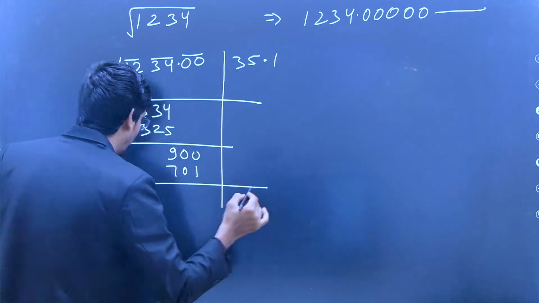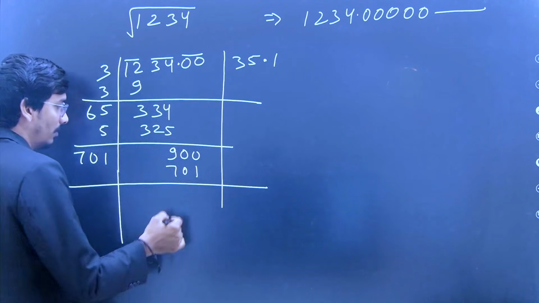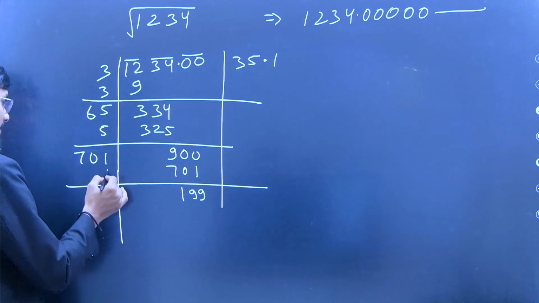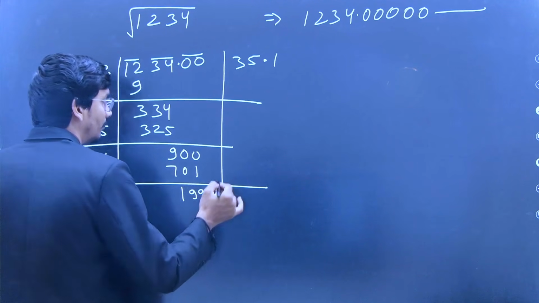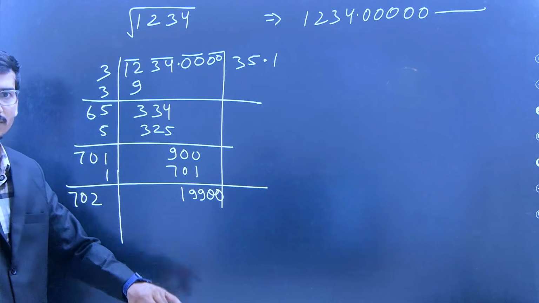The remainder is 199. Now add 1 here to get 702. Again the decimal will come, so it's 19900.